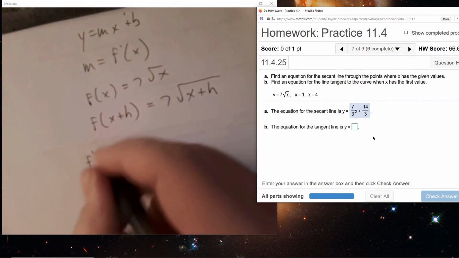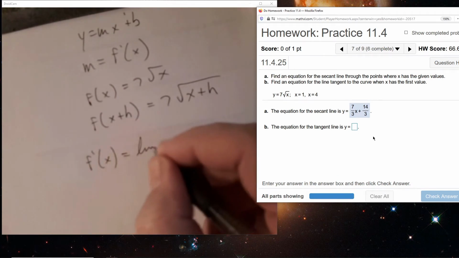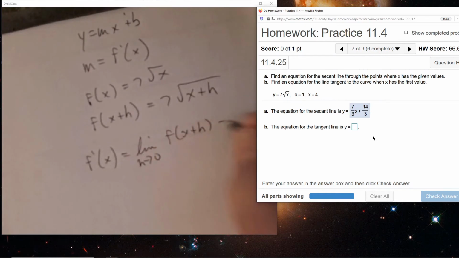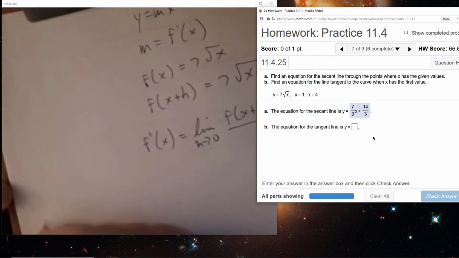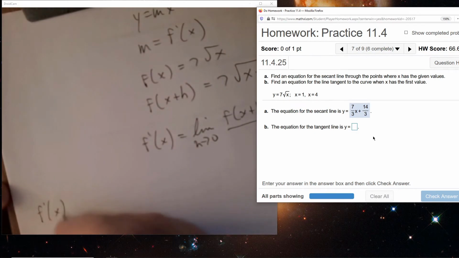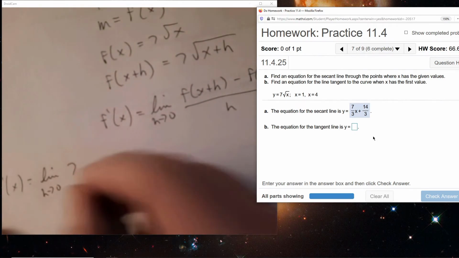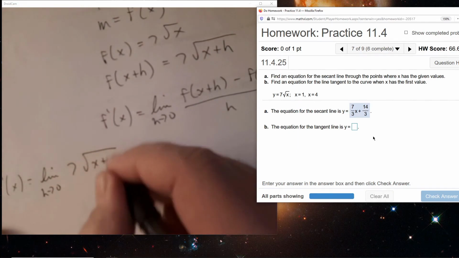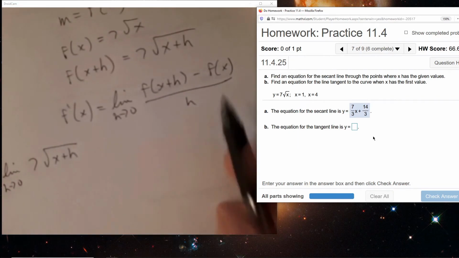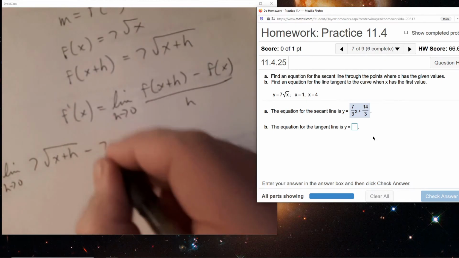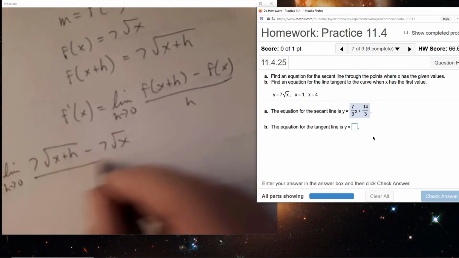Now that we have this information, we can plug it into the definition of the derivative, and we will get, so f of x plus h is 7 square root x plus h. And then we subtract off the original function. So we subtract off 7 square root of x, and all that's divided by h.